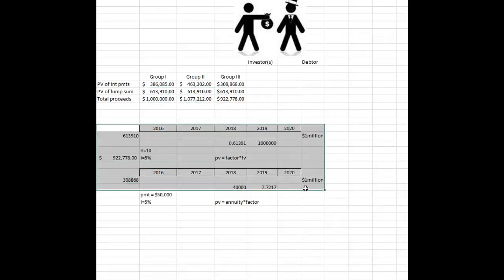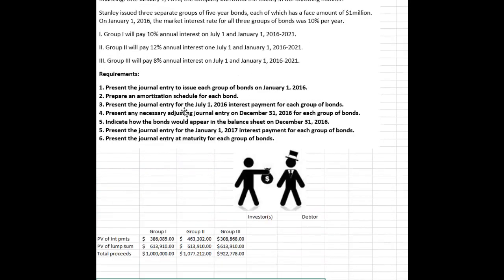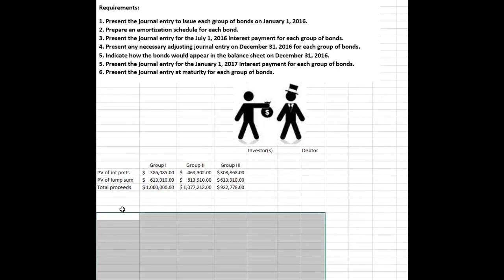Okay, so now the first part of the problem, which we can now easily answer once we've calculated the present value of each group of bonds, is: what's happening on January 1st of 2016? These two parties are shaking hands, investors giving money to the debtor, and I'll do the entries separately. I'll say on January 1st of 2016, and remember, we're the debtor here. We're the corporation, and so we're going to get cash.